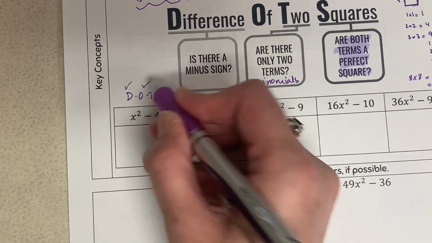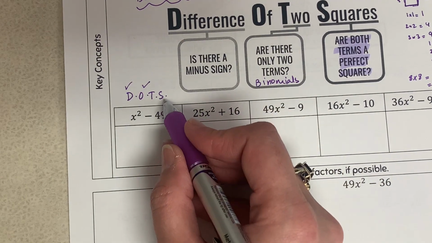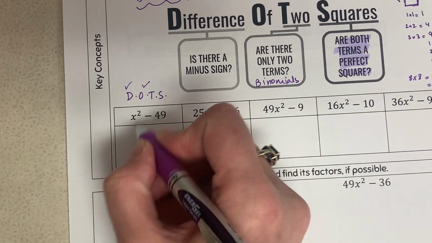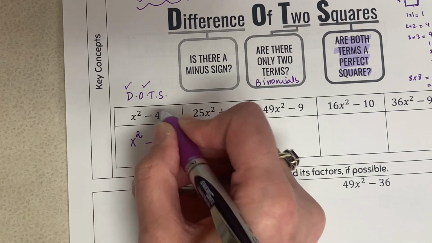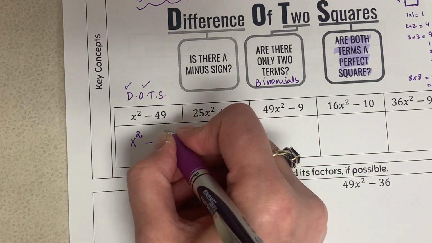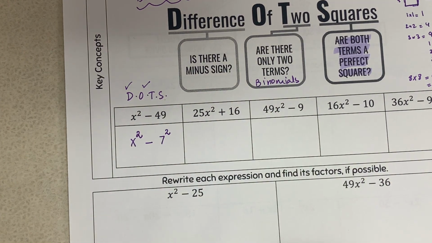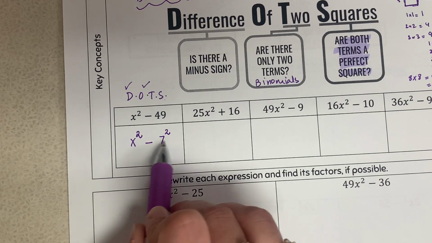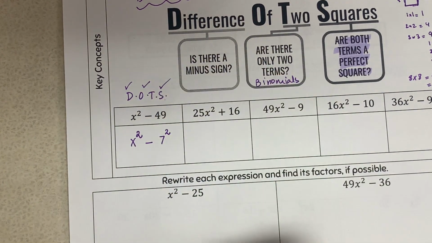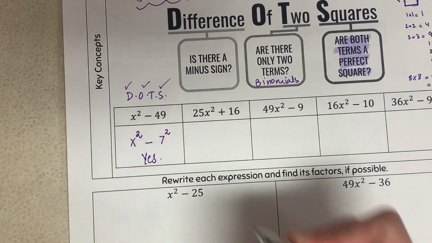Is it only two terms? Yes. Are both terms perfect squares? Let me check. X squared is a perfect square. 49 is a perfect square because remember it is 7 squared. So this is a perfect square and this is a perfect square. So yes, it's a difference of two perfect squares. This is a binomial. I can factor it.